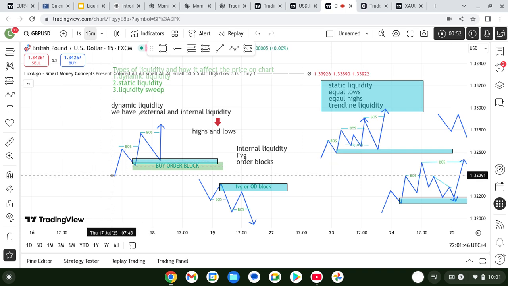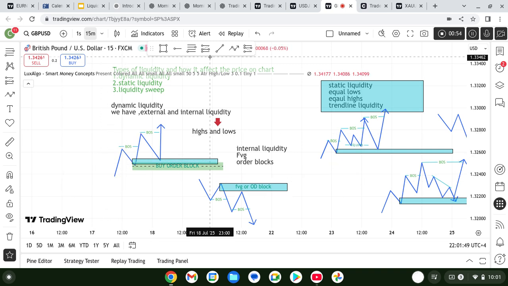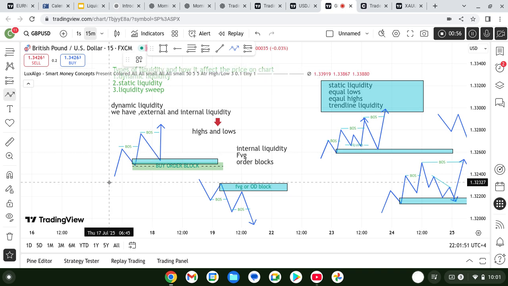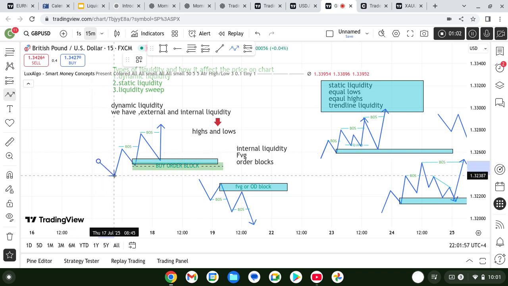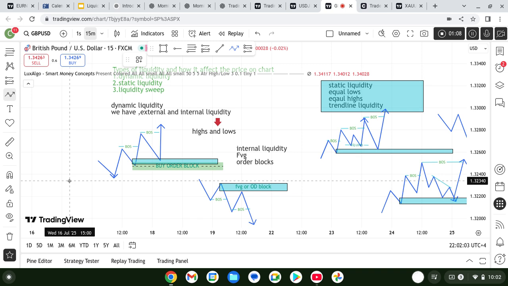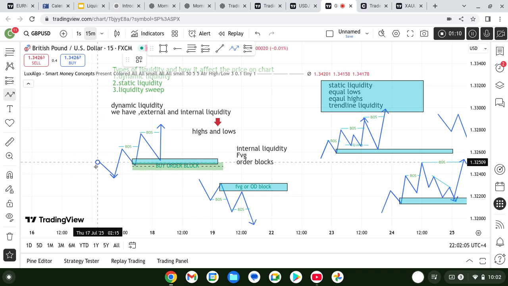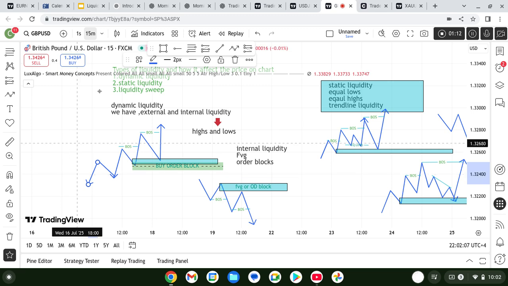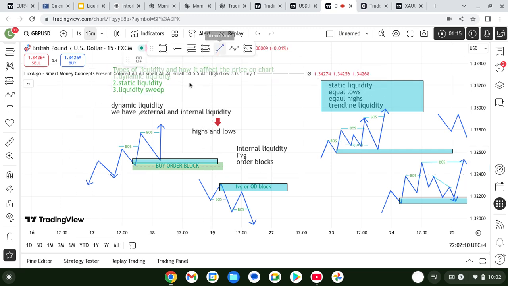When the market is in an uptrend, let me say I had a break of structure here, the market was making higher highs and higher lows.